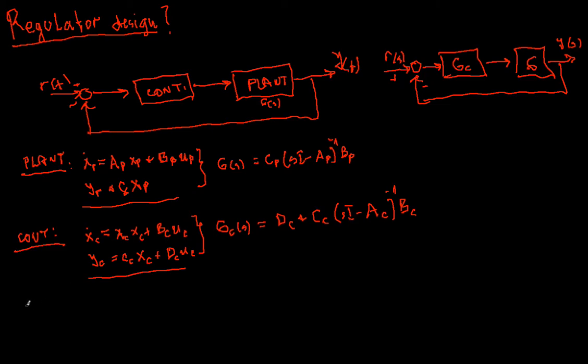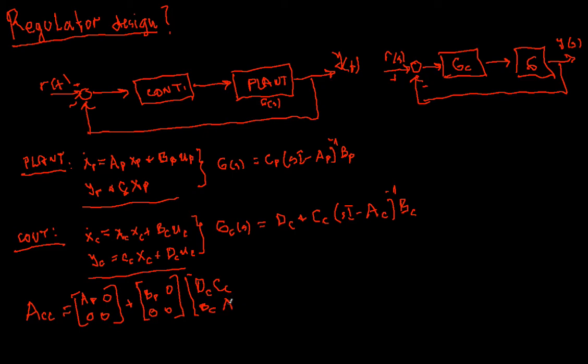Having this in mind, from this state space representation we had a closed loop system: A plant, 0, 0, 0, plus B plant, 0, 0, 0, Dc controller, Cc controller, Bc controller, and Ac controller.